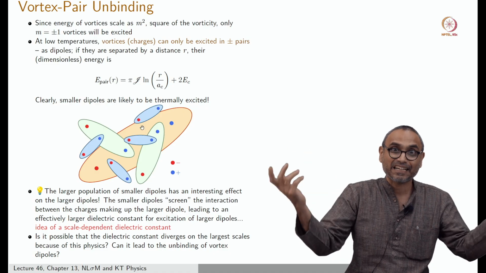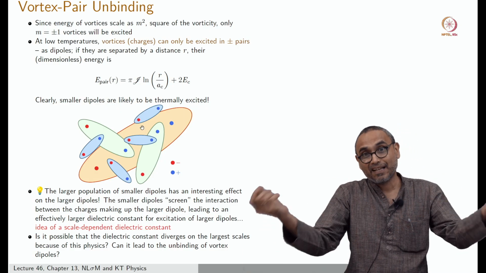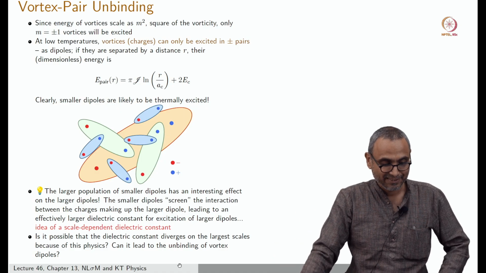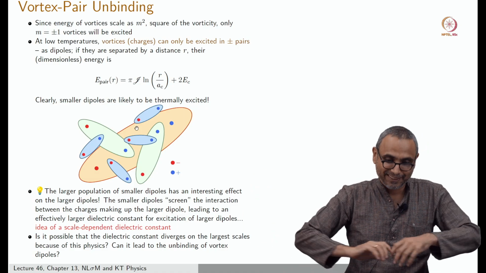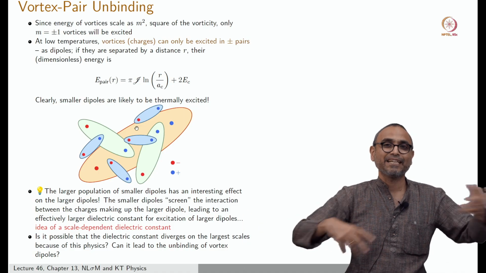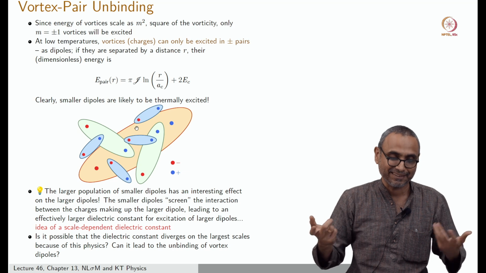So can this run away, and can it come to a point where the dipoles will unbind because the largest dipoles can be excited easily? This is the question. Can it lead to unbinding of dipoles, in the sense that once the vortex pairs unbind, it will be like a free gas of free vortices?